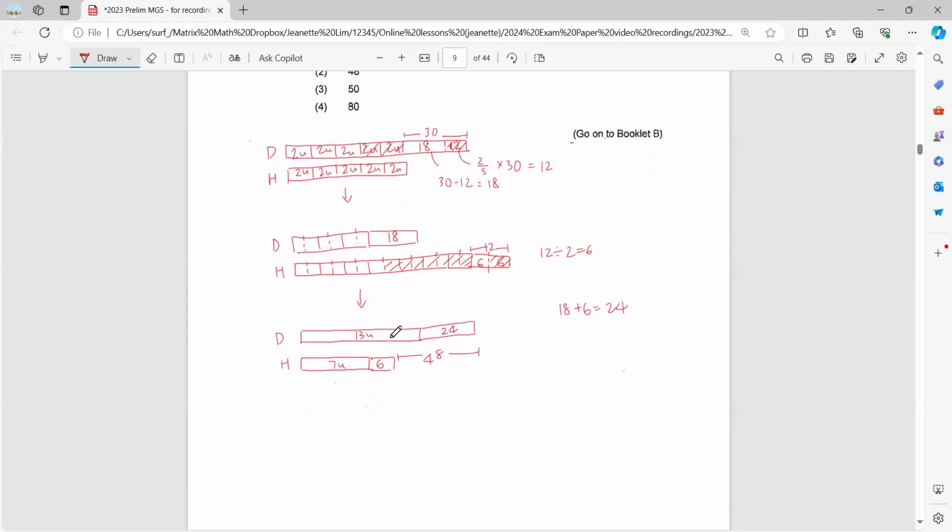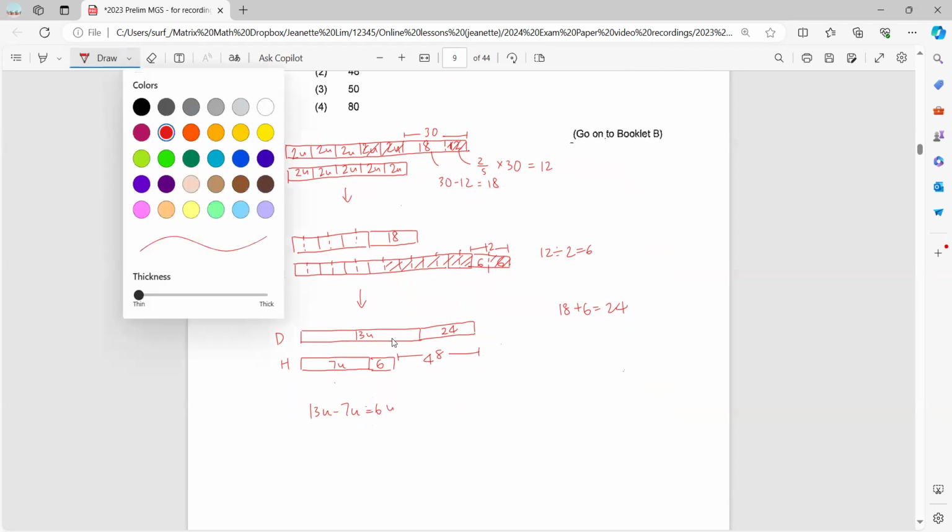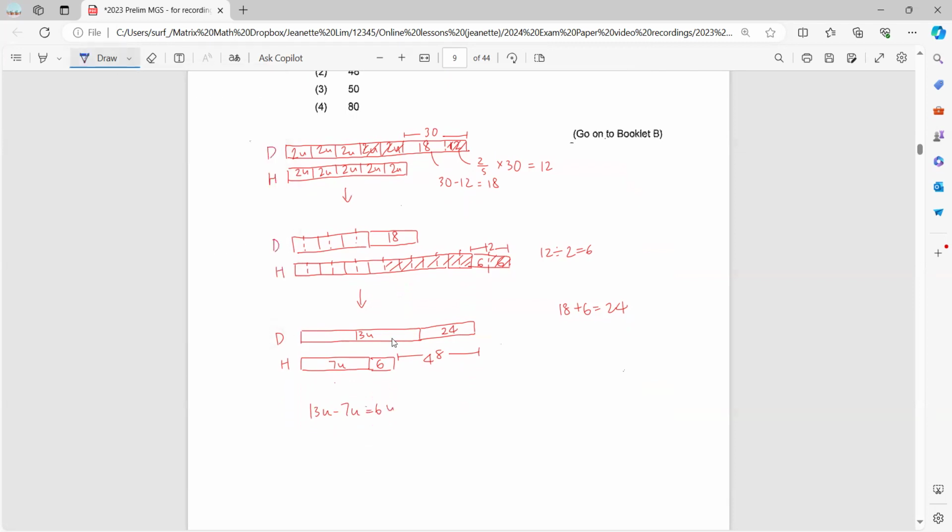So how many units can we find? We should be finding the difference between 13 and 7 units, which is 6 units. Where is the 6 units? 6 units is where the 13 units end to where the 7 units end. So this is 6U.